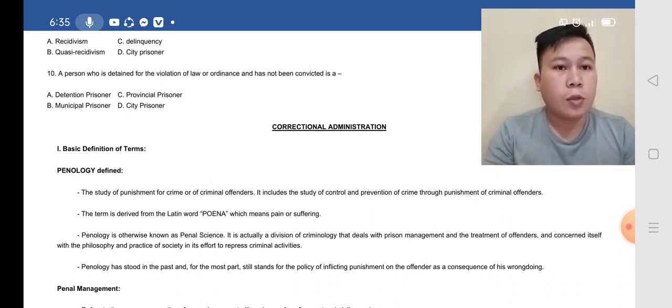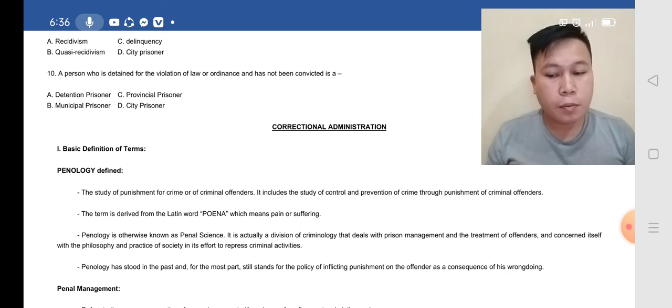So it also tackles the study of control and prevention of crime through punishment of criminal offenders because kapag sa informational drive, malalaman halimbawa ng mamamayan, especially yung youth, kung ano yung kaakibat na punishment for a certain crime.